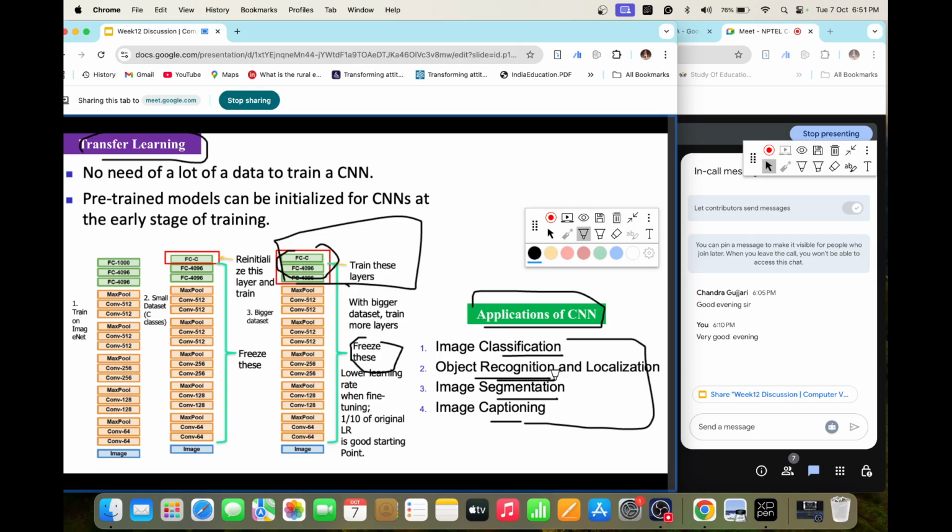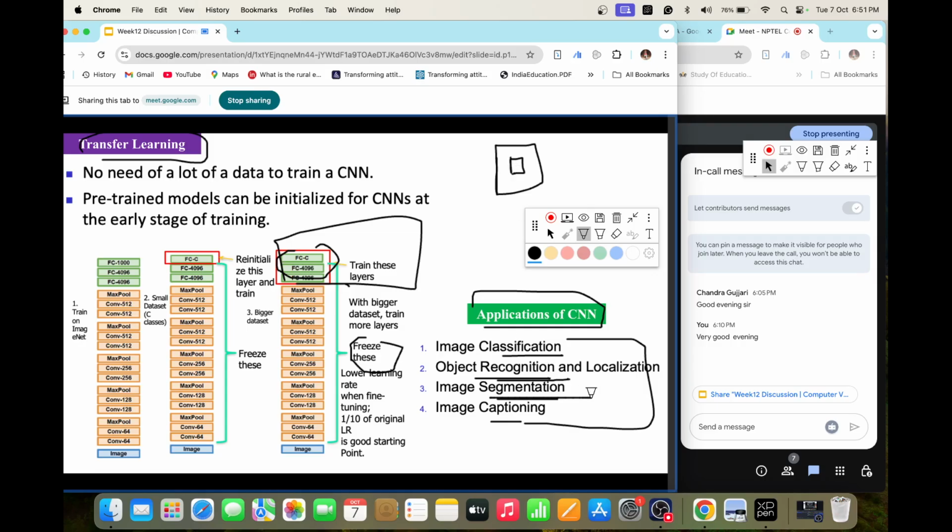And then we have detection. The second is detection, recognition, or commonly called detection. What is that? In the image, it will not only give you banana, but it will also tell you where exactly, in which position, the banana is. So that is detection.